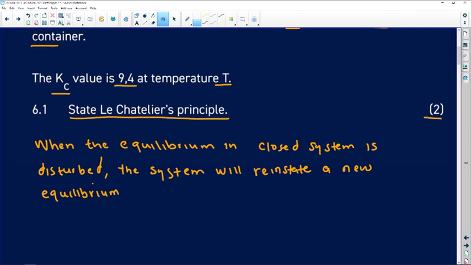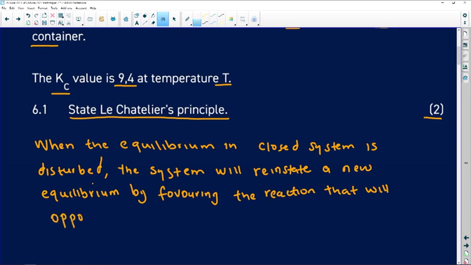What will happen to this new equilibrium? By favoring the reaction that will oppose the disturbance.